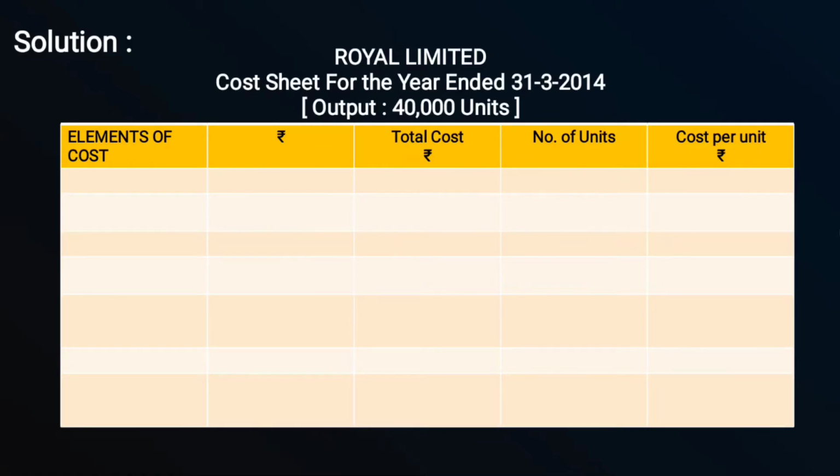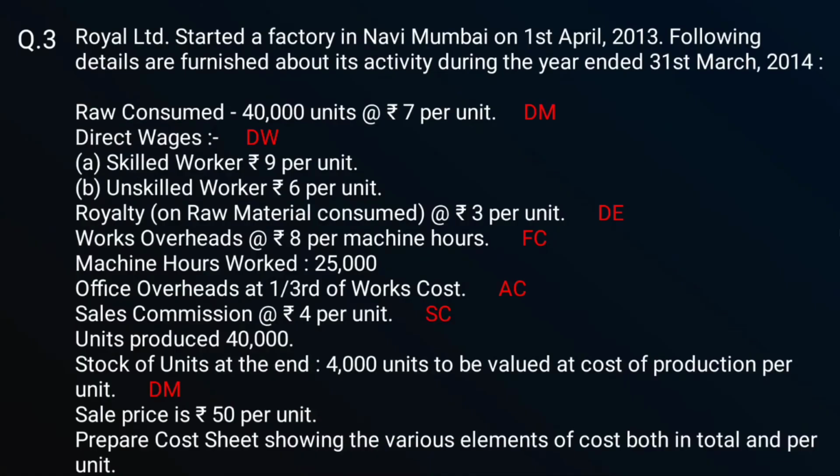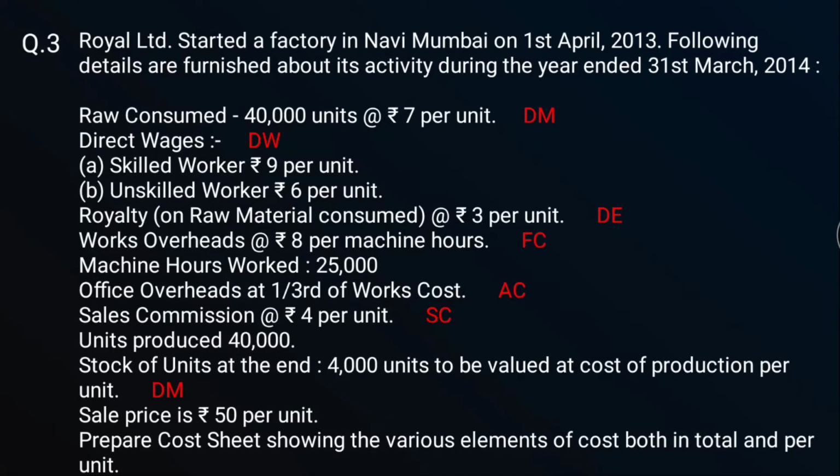So let us start preparing cost sheet. Royal Limited cost sheet for the year ended 31st March 2014. Output is given as 40,000 units. First, part A, direct materials. So first we'll record cost of direct materials.